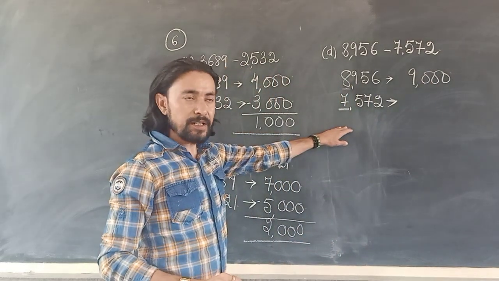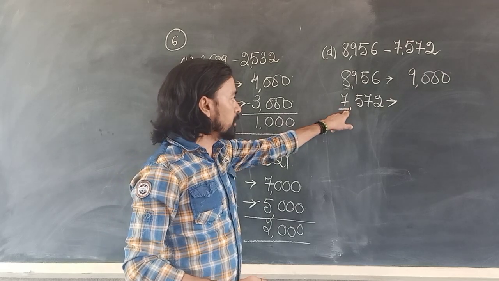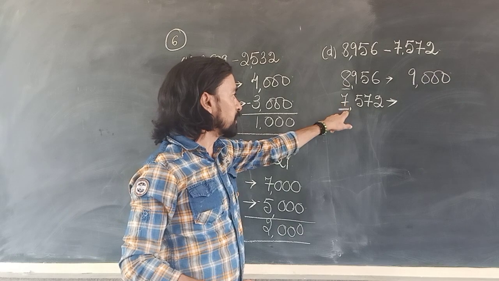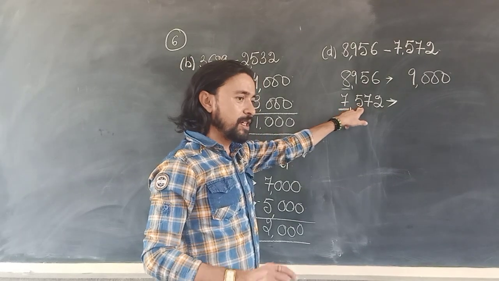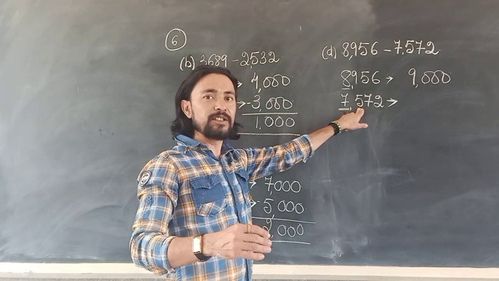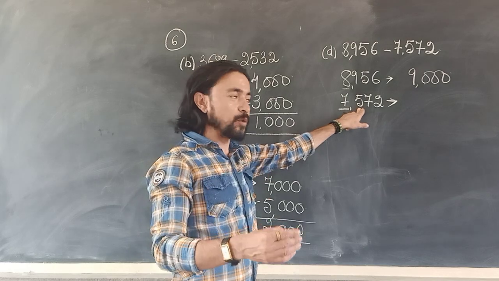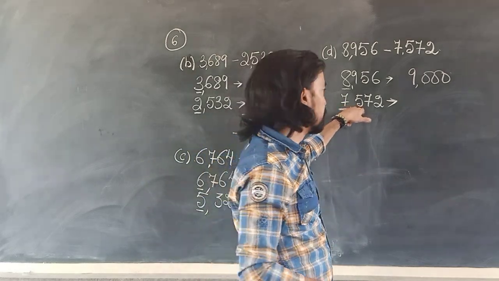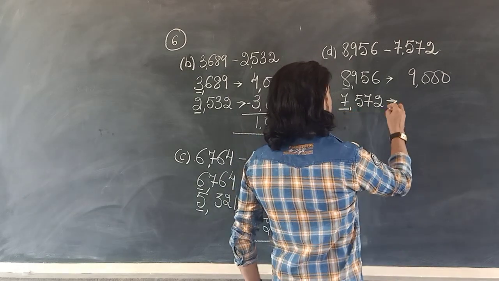Coming to the next part. After the place value that I am going to round off, 7, we have 5. Now 5 again falls in the category of the second one, that is 5, 6, 7, 8 and 9. So this 7 will also increase by 1.